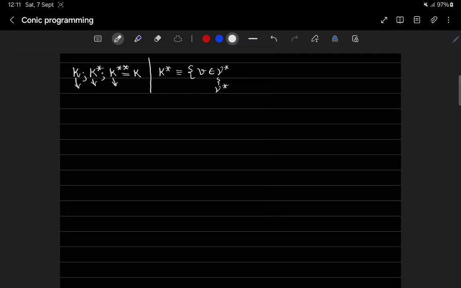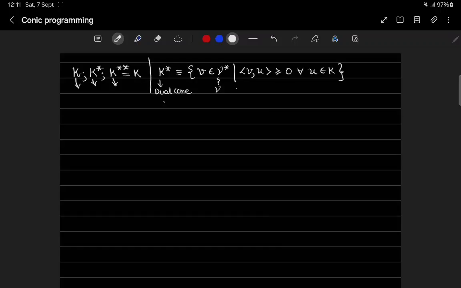So I put a star here for now, such that the inner product of v and u is greater than or equal to 0 for all u belonging to K. And now this is the dual cone, and this cone actually contains the separating hyperplane that separates the set K.